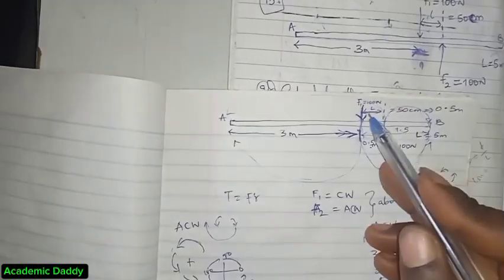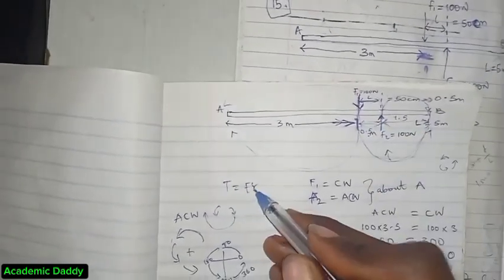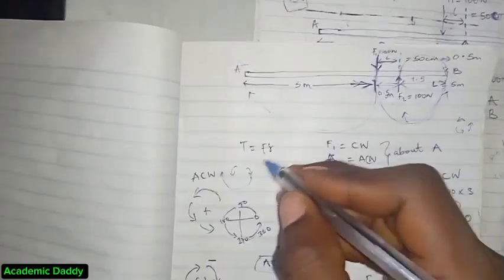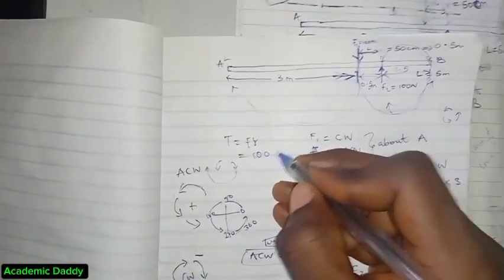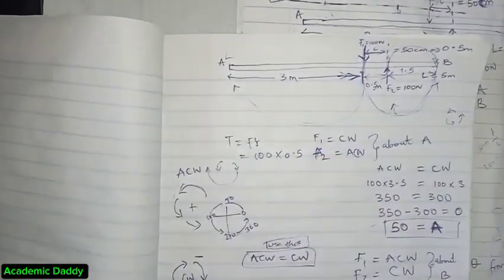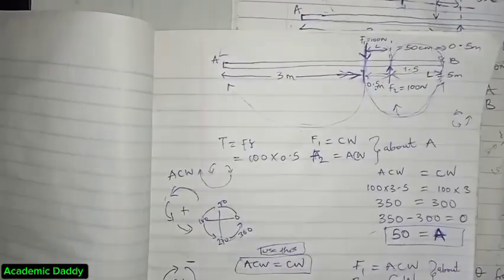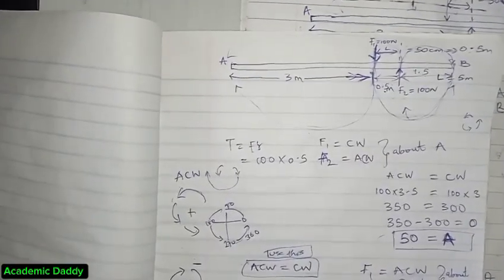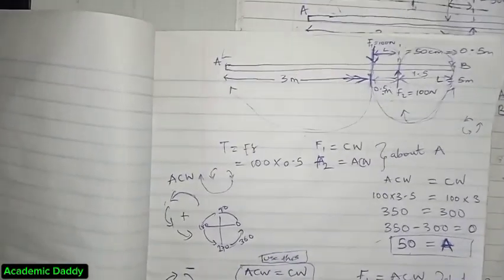So I can say F times R, which is 100 times 0.5.